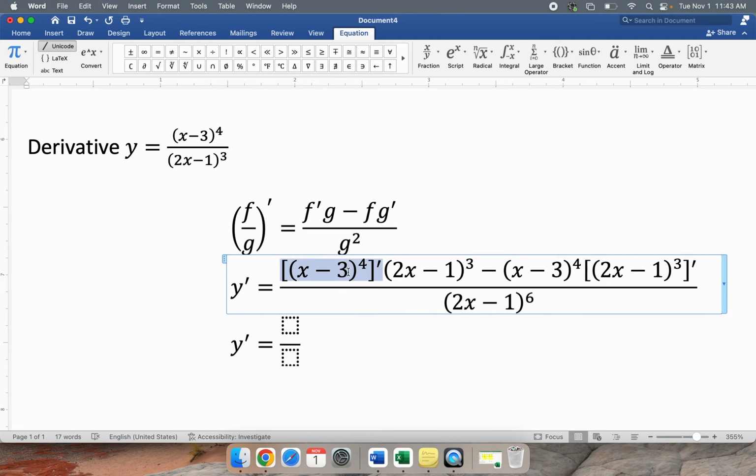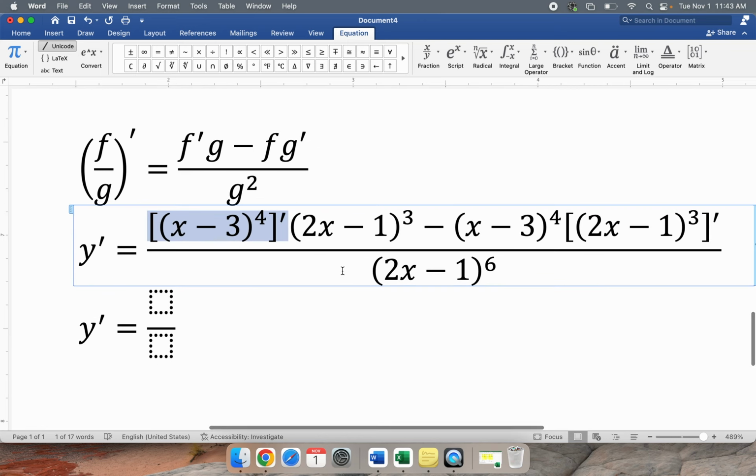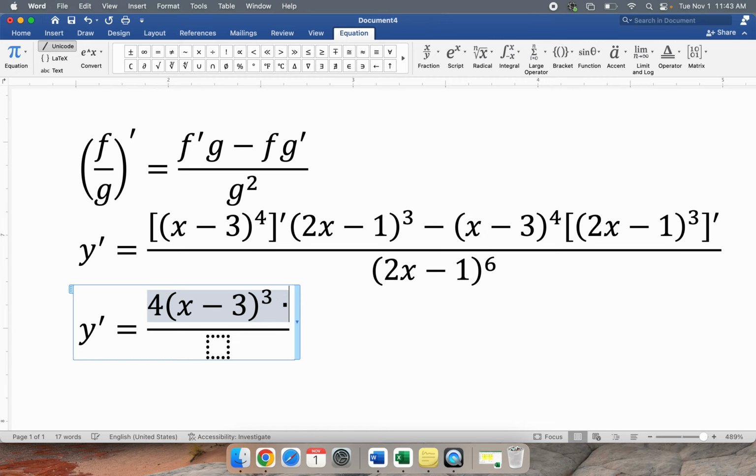So I need to figure out the derivative of this term here. That's a composition. The x minus 3 is stuffed inside of the blank to the 4th function. So the outside function is blank to the 4th. Derivative of the outside function is 4 blank to the 3rd. What goes inside the blank? It's just the original inside function, x minus 3, times the derivative of the inside function.